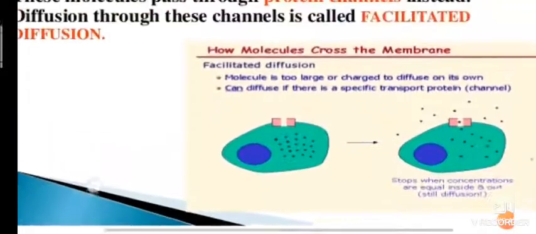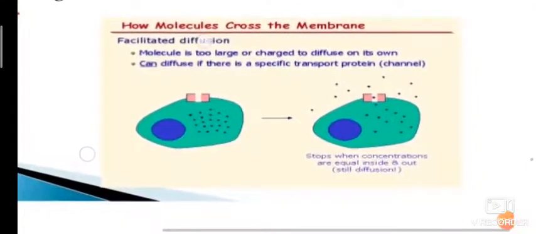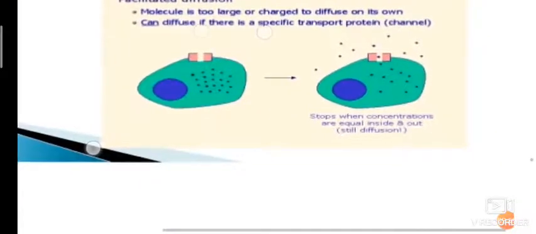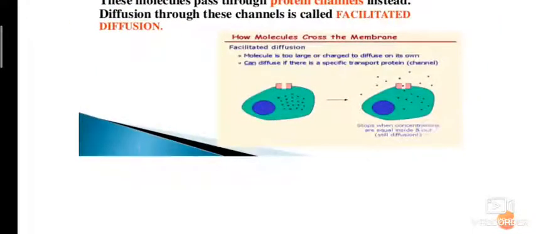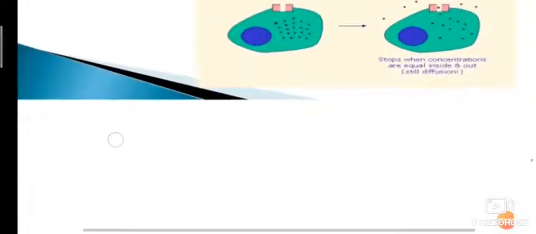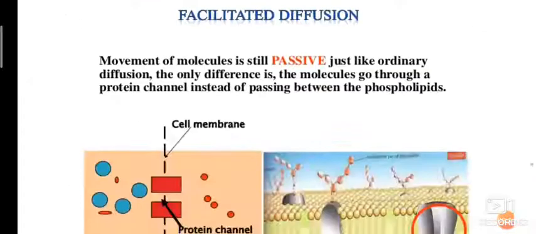See how molecules cross the membrane by facilitated diffusion. Molecules that are too large or charged to diffuse on their own can diffuse if there is a specific transport protein channel. They stop when concentrations are equal inside and out, but still diffuse.